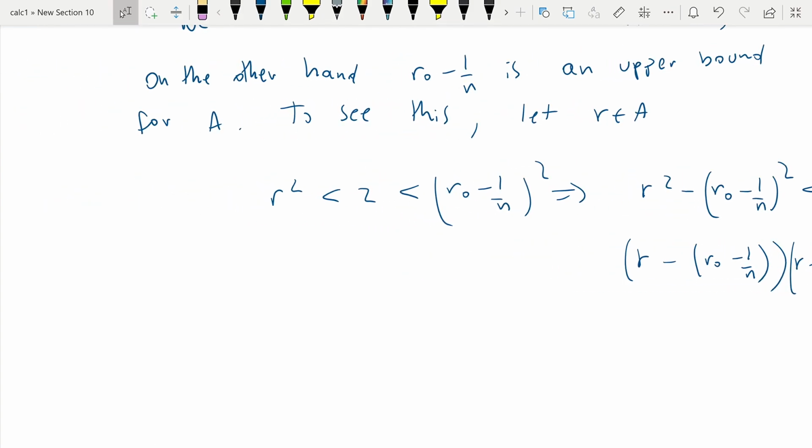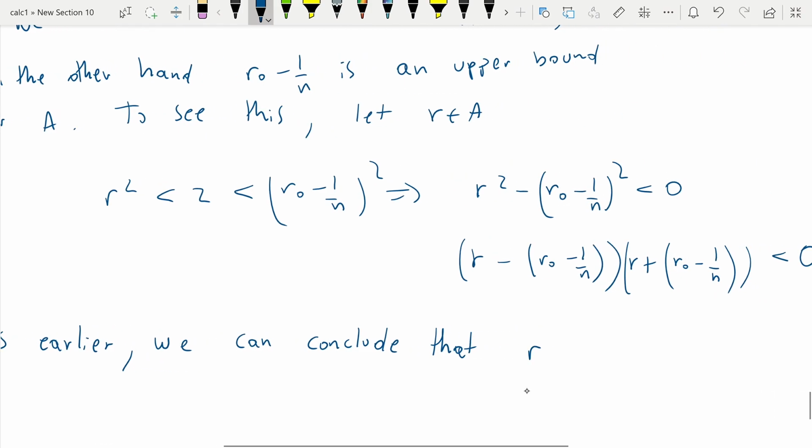And just like before, as earlier, you can conclude that r is less than R naught minus 1 over n.